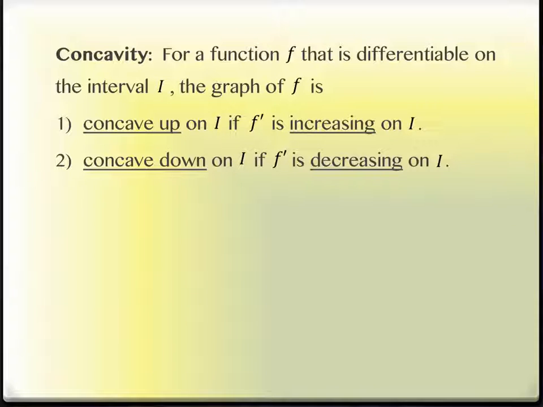So for a function that's differentiable on the interval I, the graph of f is concave up if the derivative is increasing. It's concave down if the derivative is decreasing. So when we worked in section 3.3, we didn't talk about the derivative increasing or decreasing.